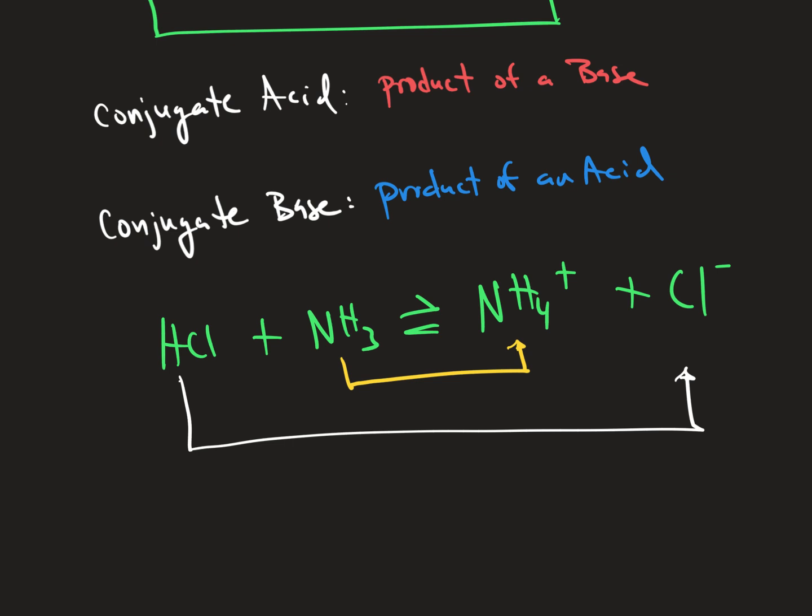HCl or NH3? HCl is the acid. So what does that make Cl? Conjugate base. Right? Therefore, this one's the base, and this is the conjugate acid.